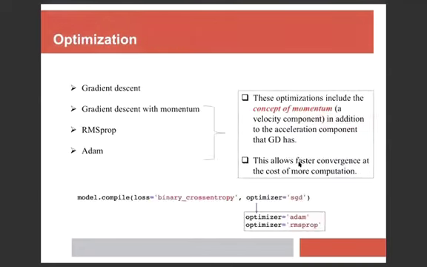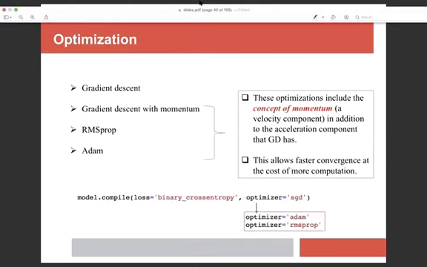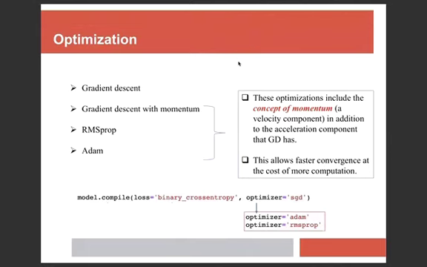For the optimizer, except for the gradient descent that we just talked about, there are 3 variants, which are also gradient-based optimization algorithms.